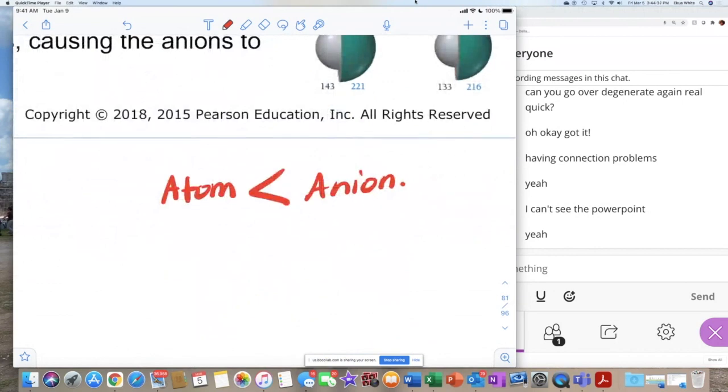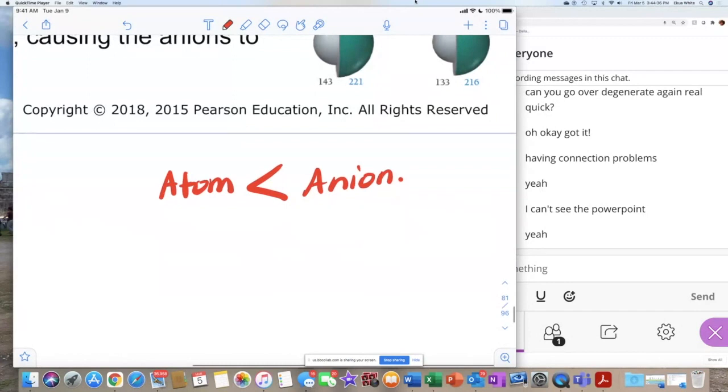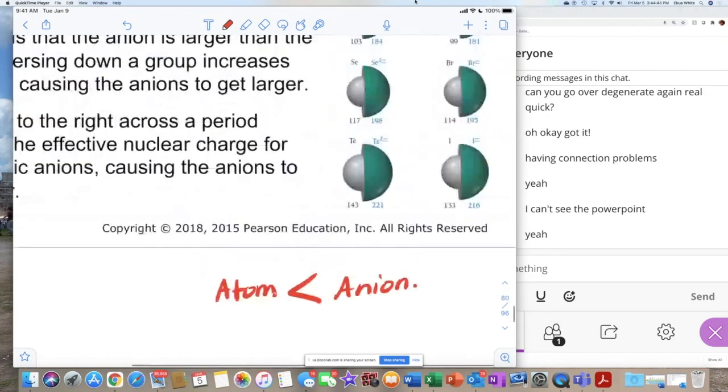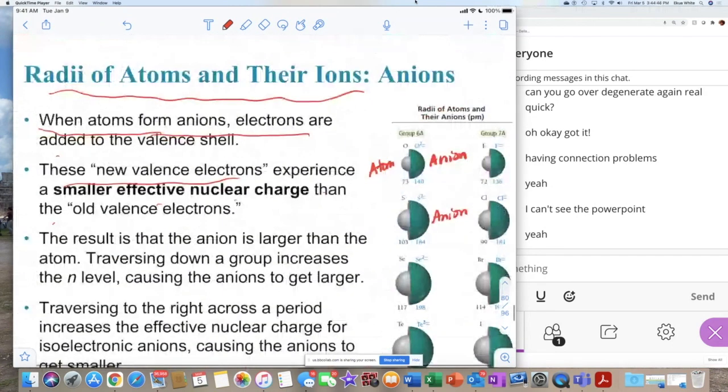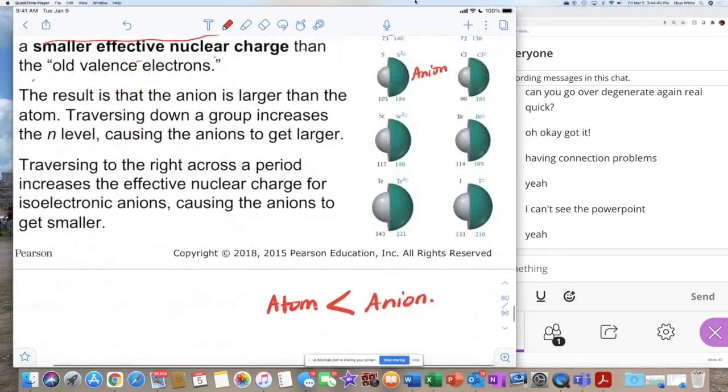Okay. So the way I try to visualize this is as the electrons come in, what they're saying here is that the additional electrons, the newer electrons, because there are more pre-existing electrons, have even less pull from the nucleus.